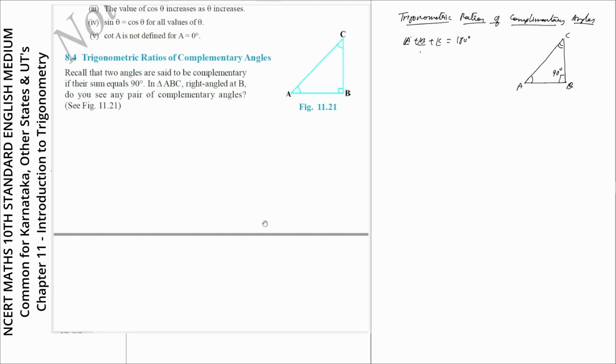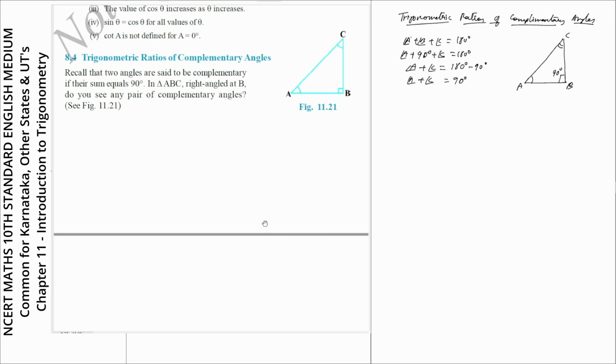Angle B we already know is 90 degrees. So angle A plus 90 degrees plus angle C is equal to 180 degrees. So angle A plus angle C is equal to, if I bring 90 to the right hand side, 180 minus 90, so I get 90 degrees.